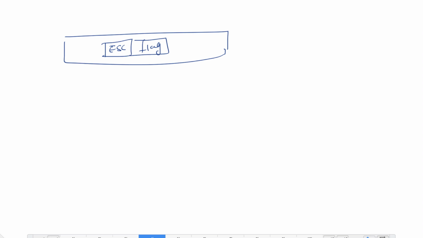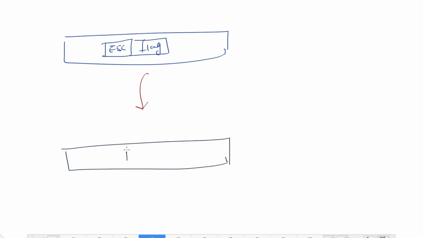Now what is the benefit of it? When it gets delivered to the receiver, whenever the receiver finds the ESC character, the receiver will say okay, let me just remove this. This is called de-stuffing.